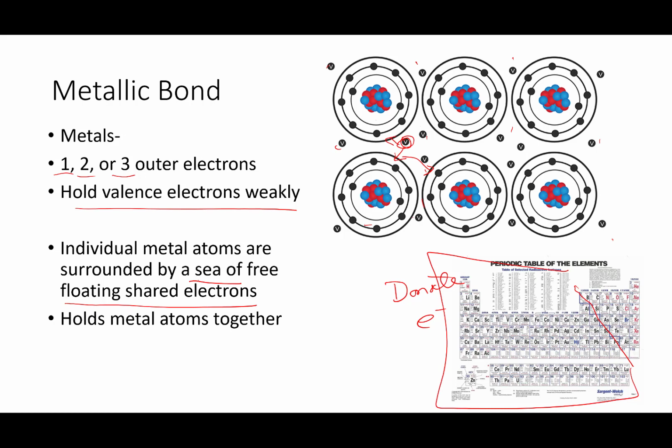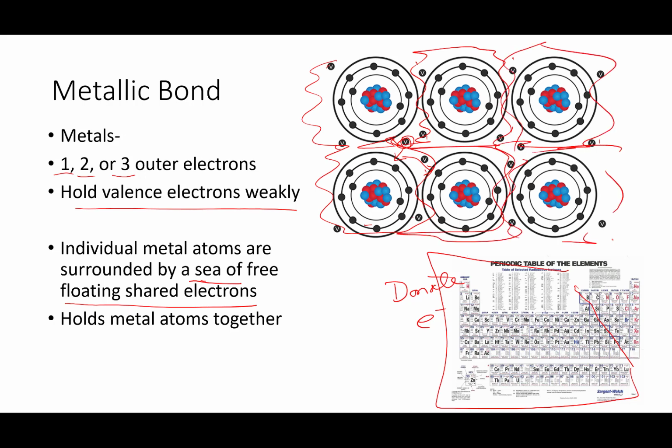There is really a kind of a fuzzy-wuzzy cloud of electrons in between the metal atoms. And it's this fuzzy-wuzzy, free-floating cloud of electrons that holds the metals together and creates the really interesting properties of metals.